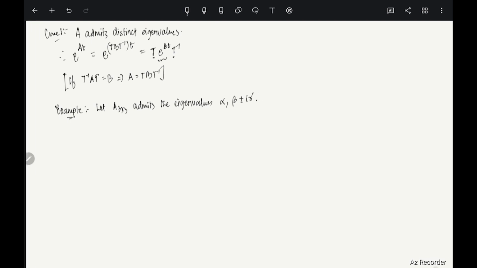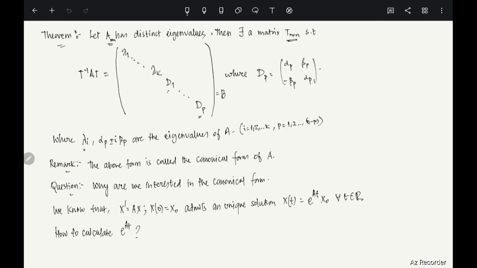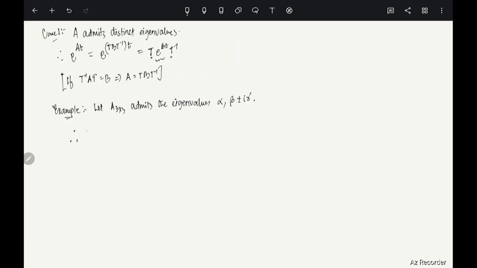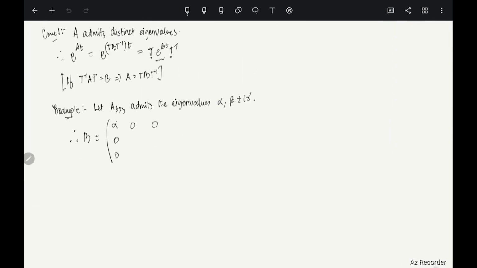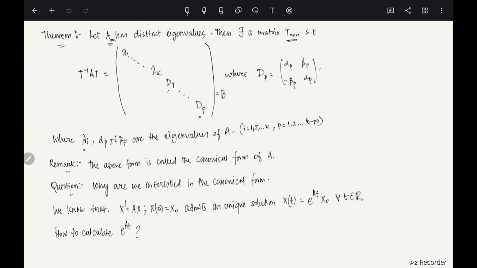In this case, what is T inverse A T, that is B. So in this case, therefore B will look like this. See, it will look like alpha 0 0. So the first row, corresponding to alpha, it will be alpha 0 0, right? Now corresponding to beta, you see it will be beta gamma, minus gamma beta.